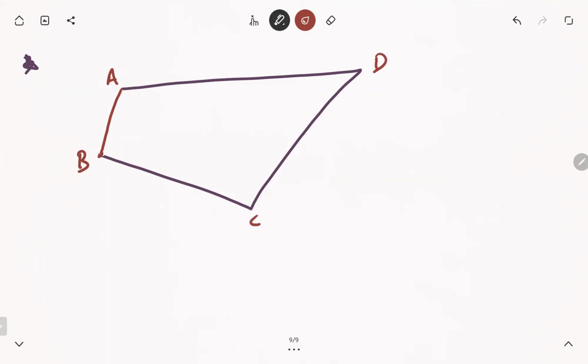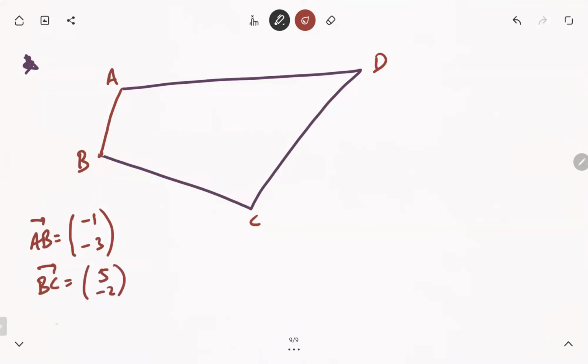If I tell you vector AB is (-1, -3), the diagram is not to scale, it is a rough sketch. Then vector BC is given as (5, -2).